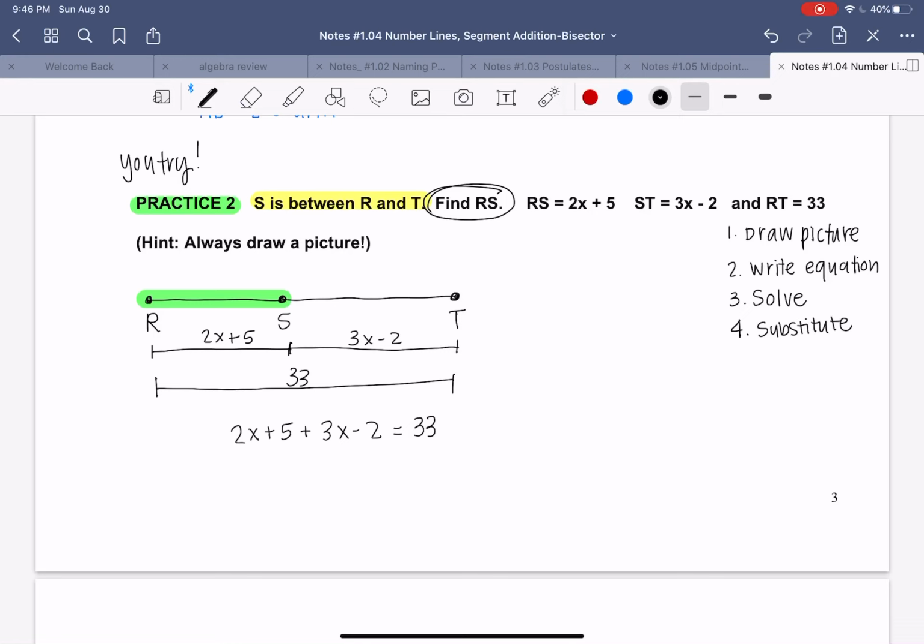Okay, and what I mean by that is when you find the value of x, when you're done solving this equation right here, you are going to plug x back in to this equation to actually get the value of RS. Okay, so I want you to try your best on this one, and then we can check it together.